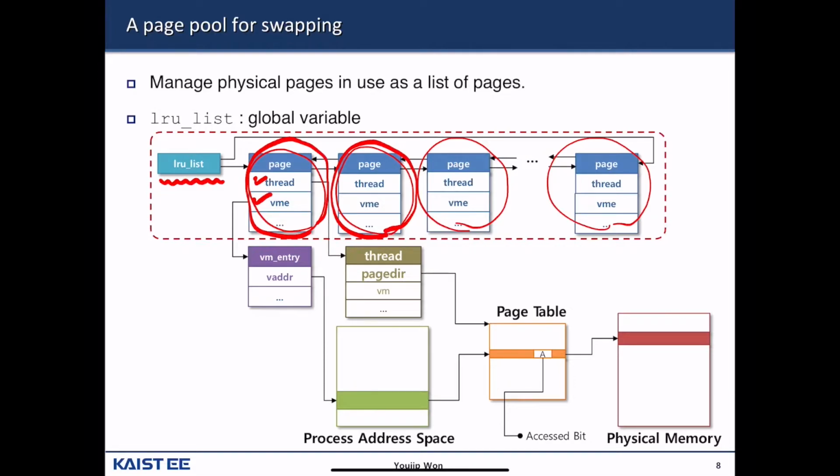And then we need some other fields. So the VME field is a pointer that points to the virtual memory entry object, and the thread field points to the thread structure we have defined.